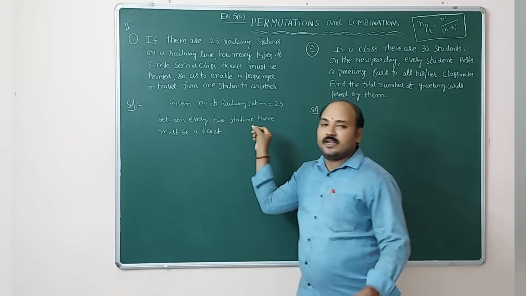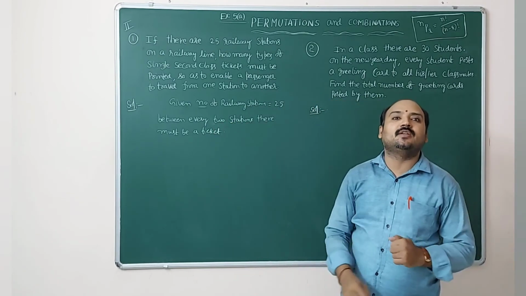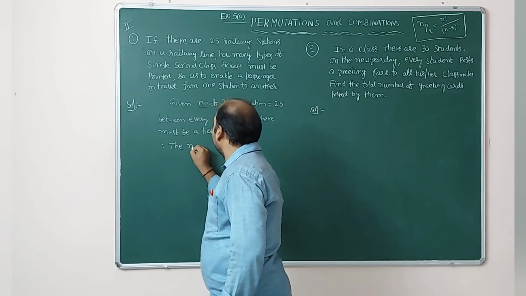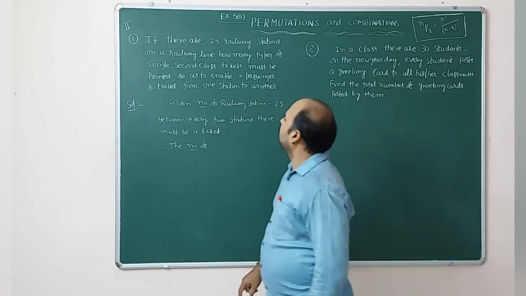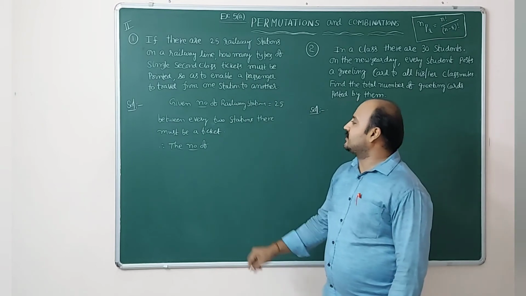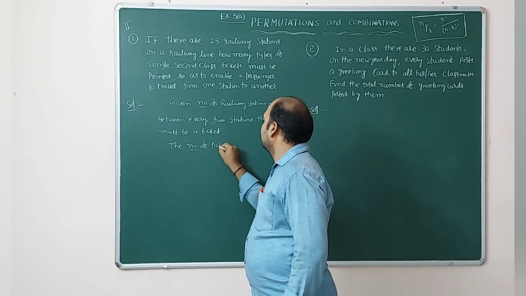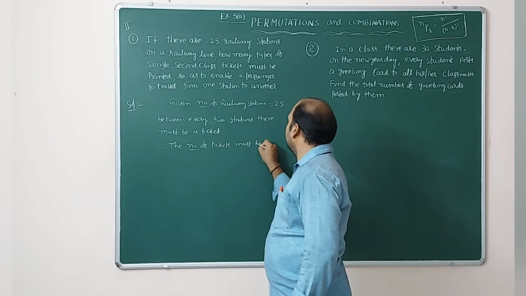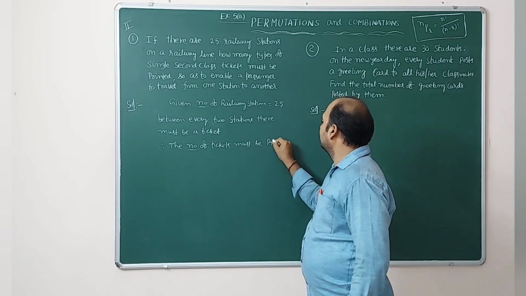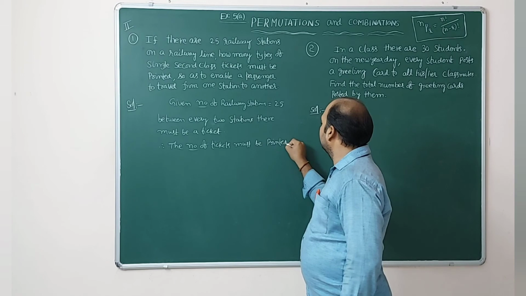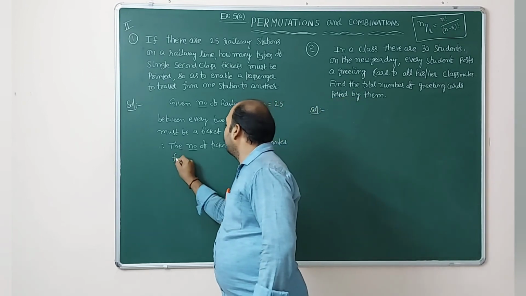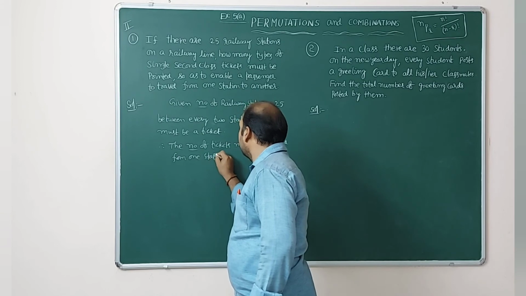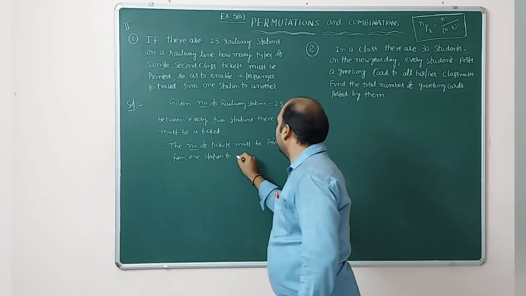Two stations we are arranging. So therefore the number of tickets must be printed from one station to another station.